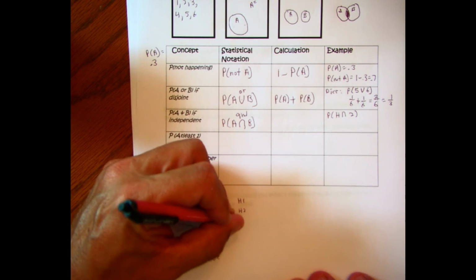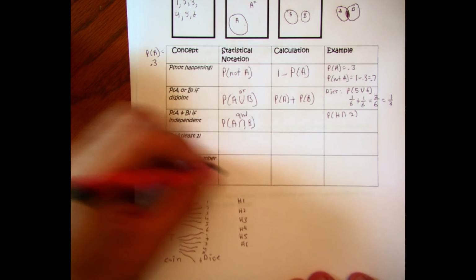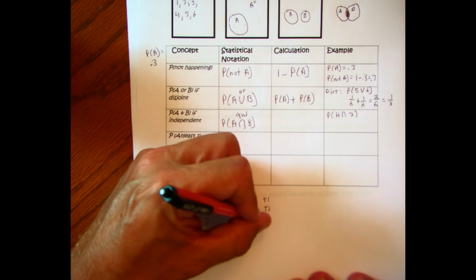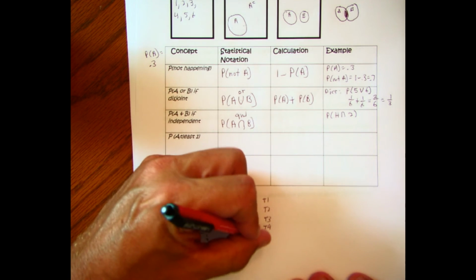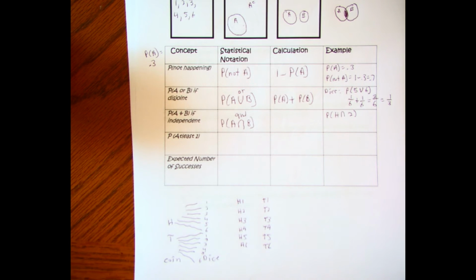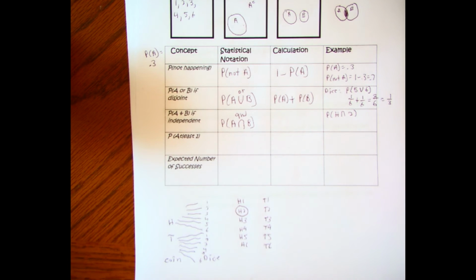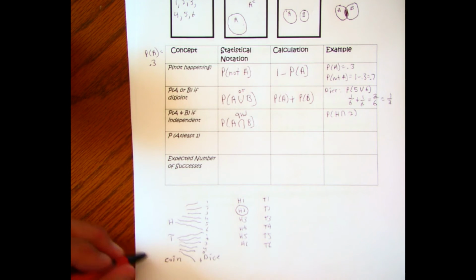Head 1, head 2, head 3, head 4, head 5, head 6, or I could get tail 1, tail 2, tail 3, tail 4, tail 5, tail 6. There's your sample space for flipping a coin and rolling a dice. 12 outcomes. What's the probability of getting a head and a 2? There's only one time that happens, so it's 1/12.